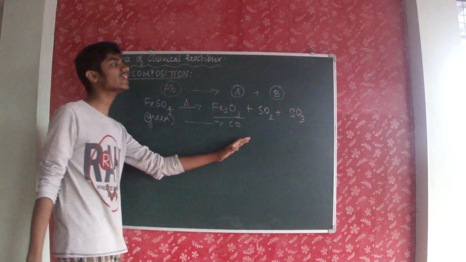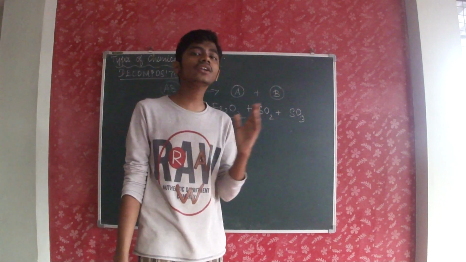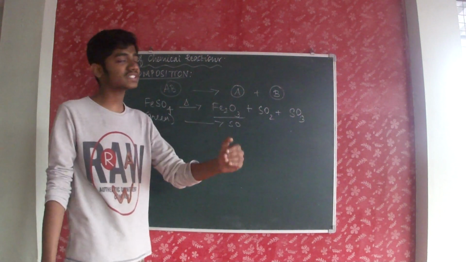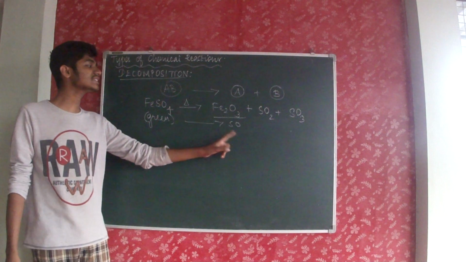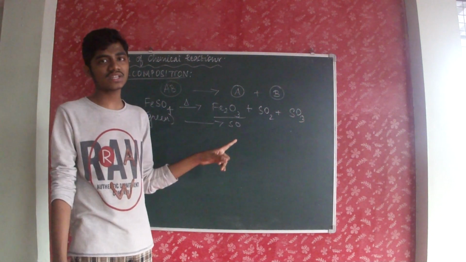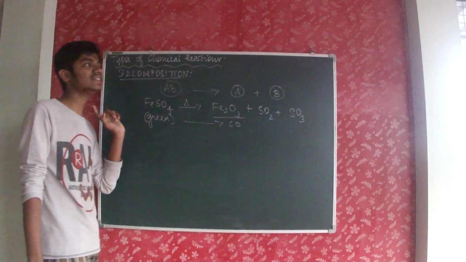This is how we can infer that a chemical reaction has occurred: if there is a change in state or color, or evolution of a gas, or temperature change, as we dealt with in the previous video. Here the color has changed, so a chemical reaction has taken place, and that is this decomposition reaction.